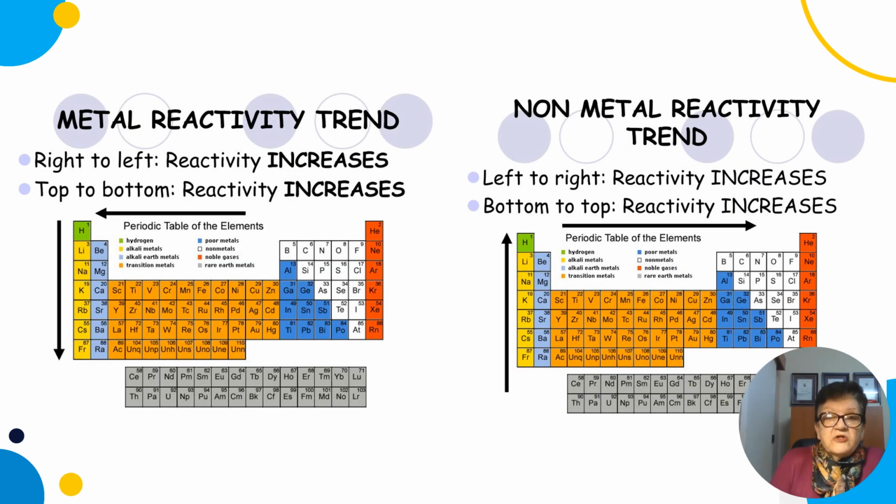Now, if we refer to the reactivity of metals and we look for trends on the periodic table, then you will see on the left-hand side we have the indication of reactivity change of the metals, and on the right-hand side, the non-metals. And their trend is directly opposite of one another.